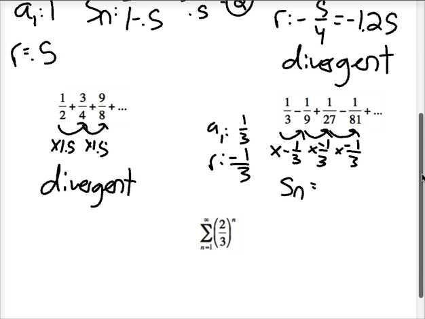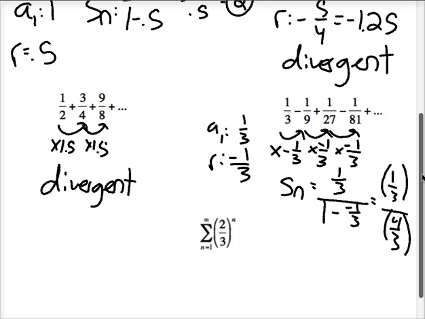Again, the infinite sum, A1 over 1 minus R. So this is going to be 1/3 divided by 4/3. Now here you have to be really careful, okay? Make sure to use your parentheses when you're dividing these two fractions. 1/3 divided by 4/3.